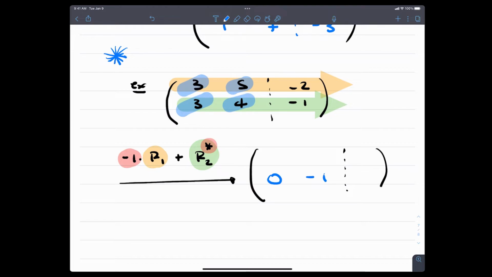Okay, now, negative 1 times negative 2 is positive 2. Add it to a negative 1. What's 2 plus negative 1? Good. And you put your answer in row 2. So all of the other entries you just bring down, ladies and gentlemen.